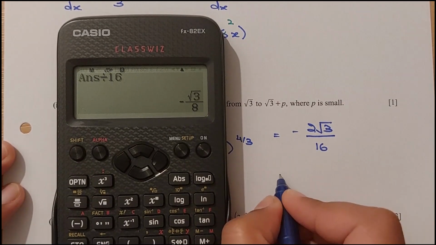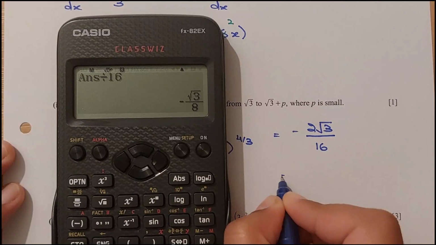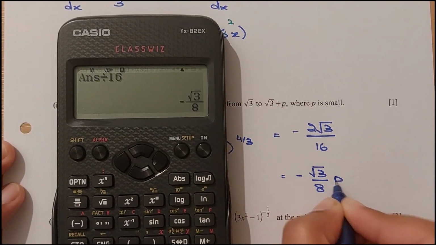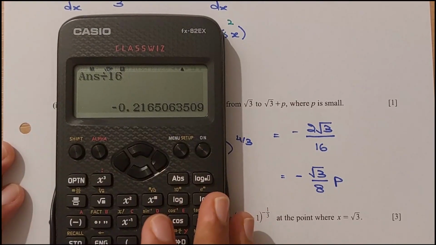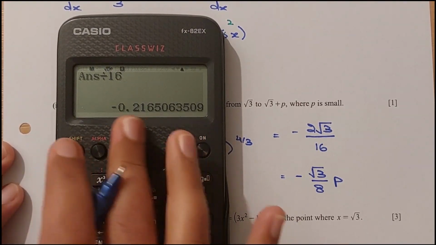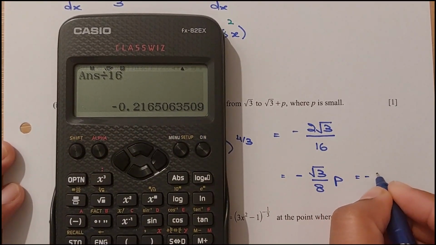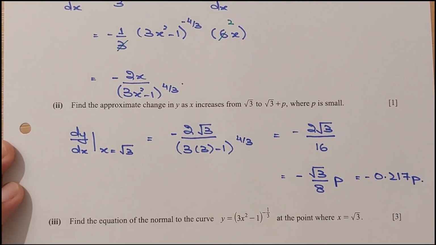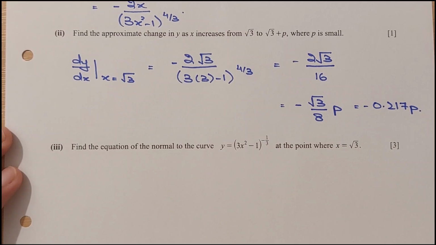Okay, let me keep the answer as it is. So this is equal to minus square root of 3 divided by 8 p, or you can convert it into decimal, that is 0.216 or 217. Yes, 0.217p.